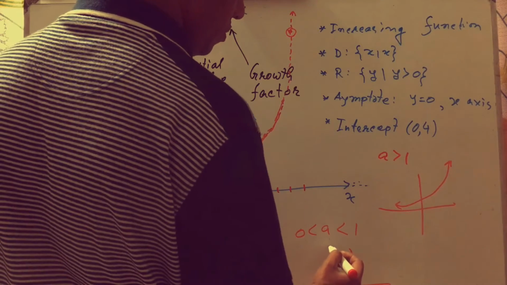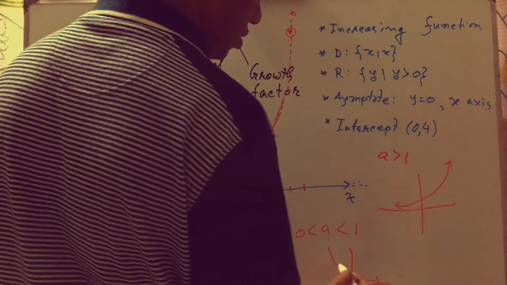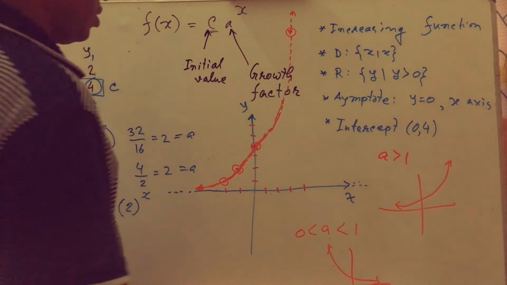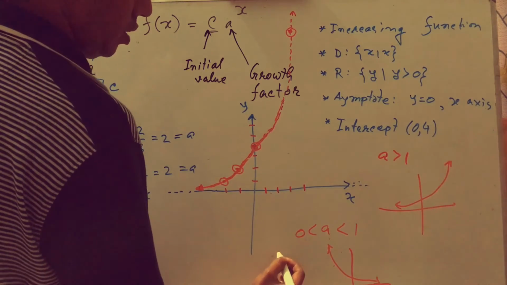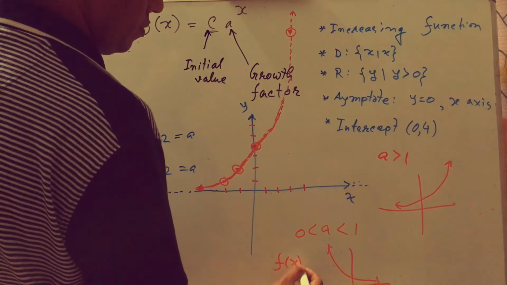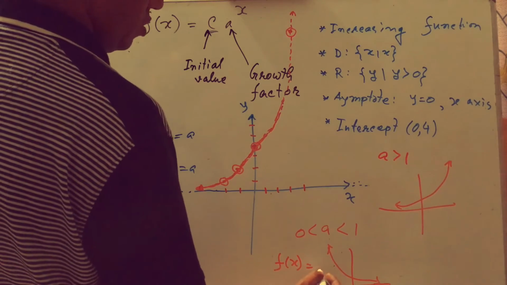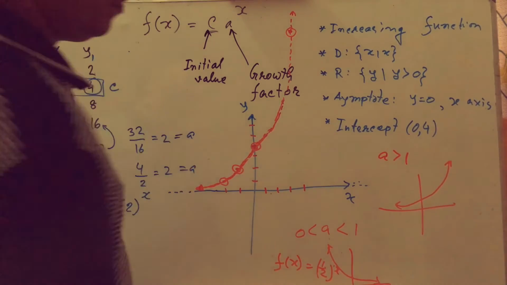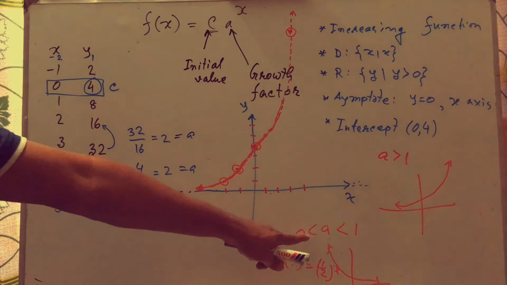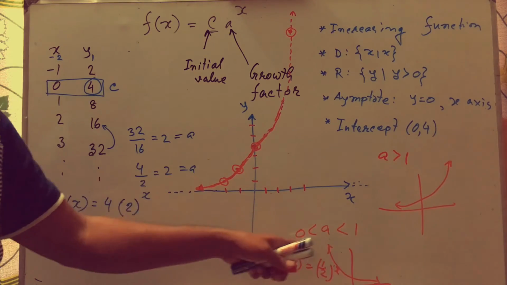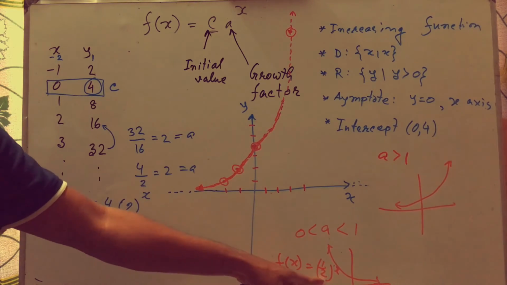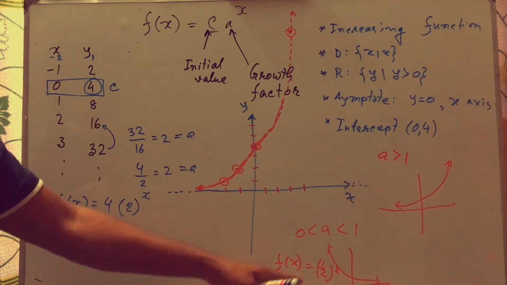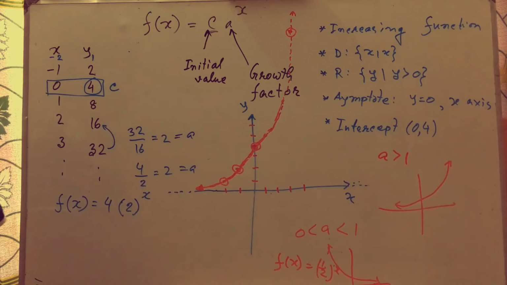For example, take f(x) equals 1 by 2 to the power x. Here a is 0.5. This is why I said between 0 and 1; 1 by 2 means 0.5. So this kind of function's graph will be this one, and that kind of function's graph will be this one.